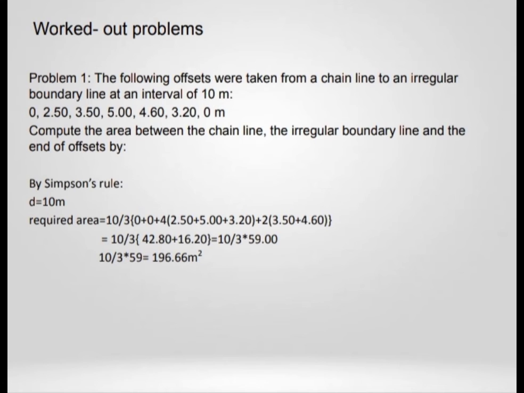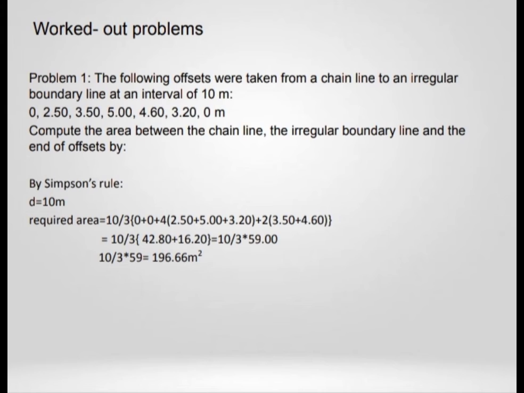Problem 1. The following offsets were taken from a chain line to an irregular boundary line at an interval of 10 meters. So we have here 0, 2.50, 3.50, 5.00, then 4.60, 3.20, then 0 m. So compute the area between the chain line, the irregular boundary line, and the end of offsets.